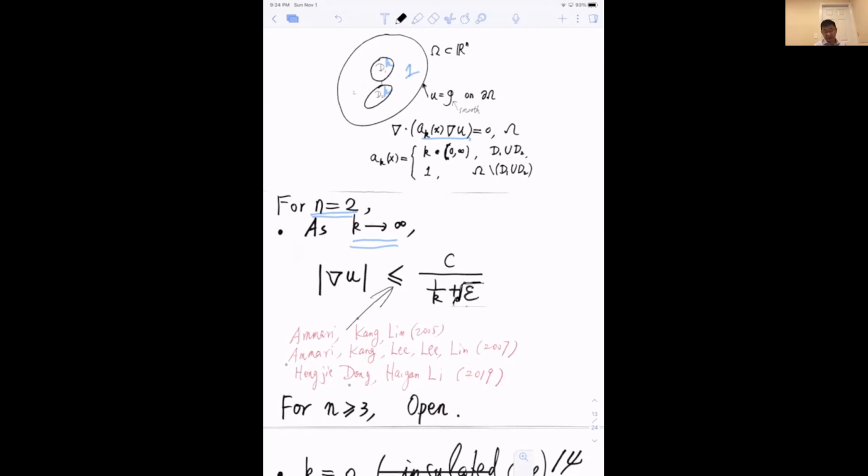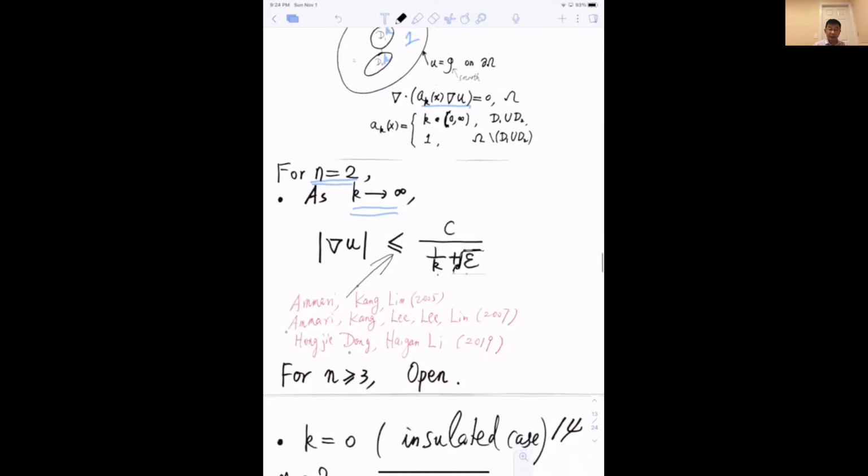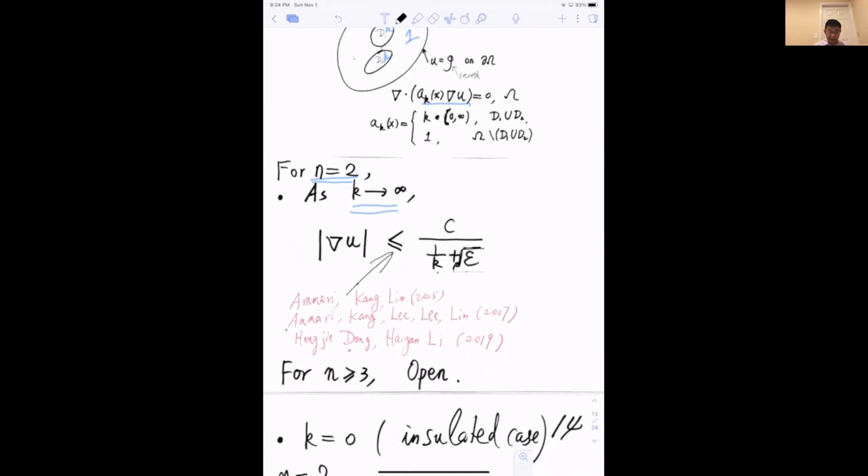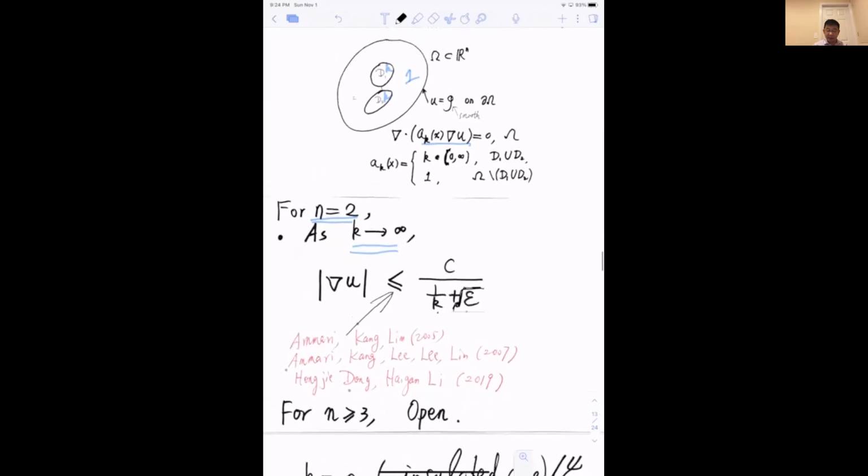I think it should be less than c over square root. Well, there could be some number, maybe a square or square root. Anyway, it's a more satisfactory estimate in a way that not only giving infinity, it gives you the rate as k goes to infinity.